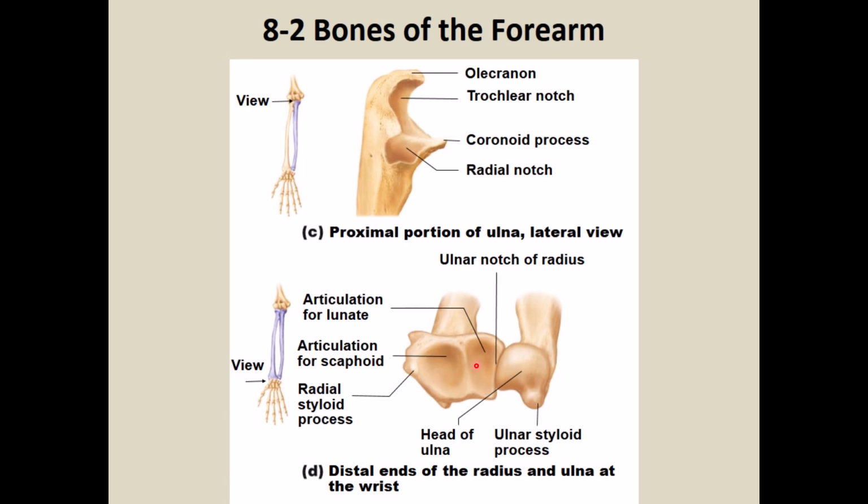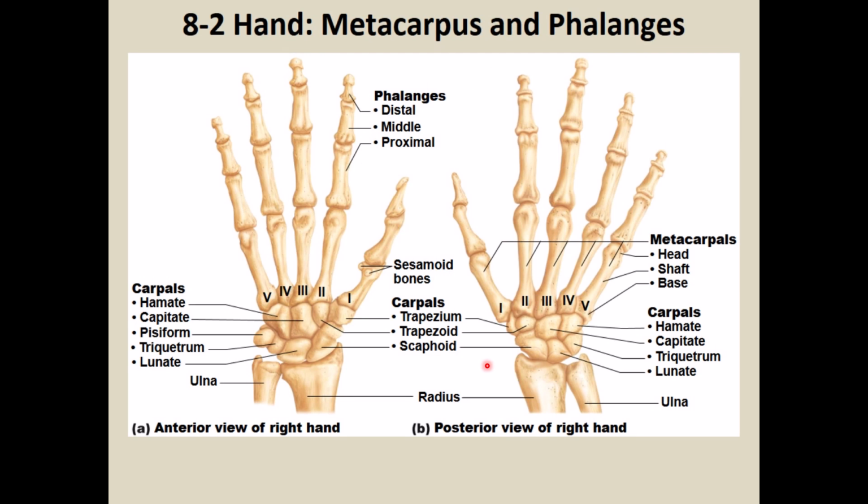You also have some articular surfaces. So this is for the scaphoid, and this is for the lunate. These are two bones in the wrist. These are the bones of the hand and the wrist. So this is the anterior view, and this is the posterior view. Anterior view is a little bit different than the posterior view.